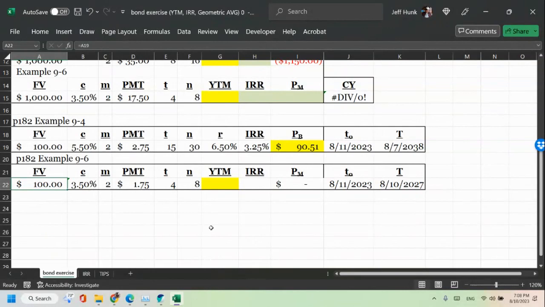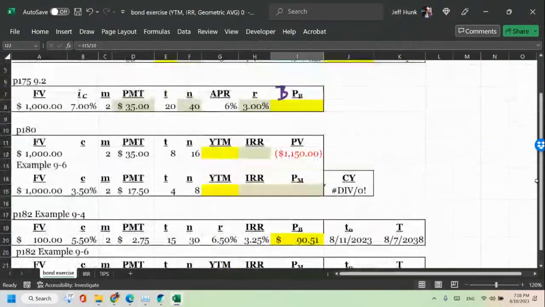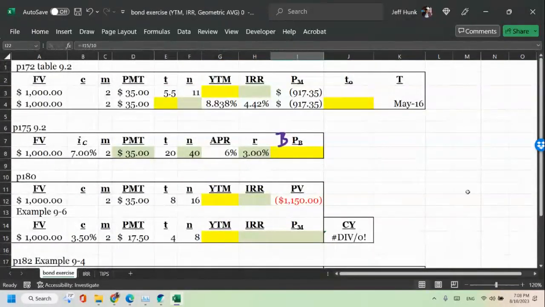This example came from somewhere, but I don't remember. But let's say, 3.5%. I think it's this example. Where did this example come from?